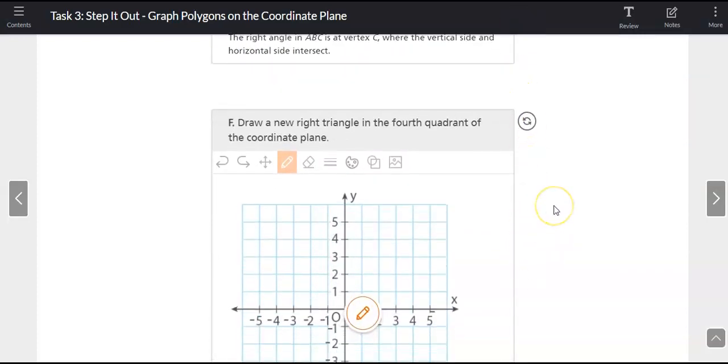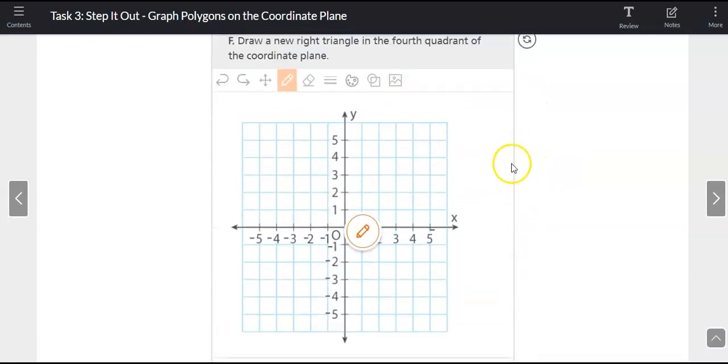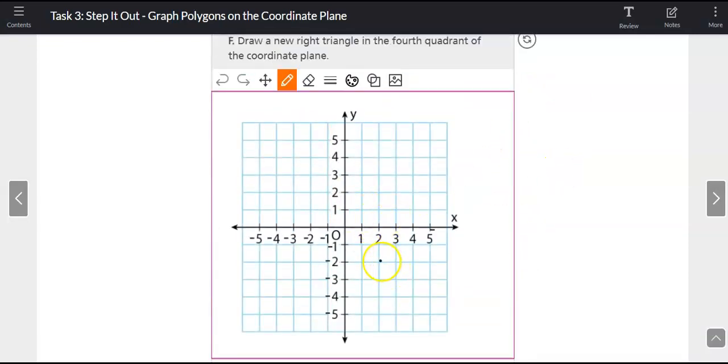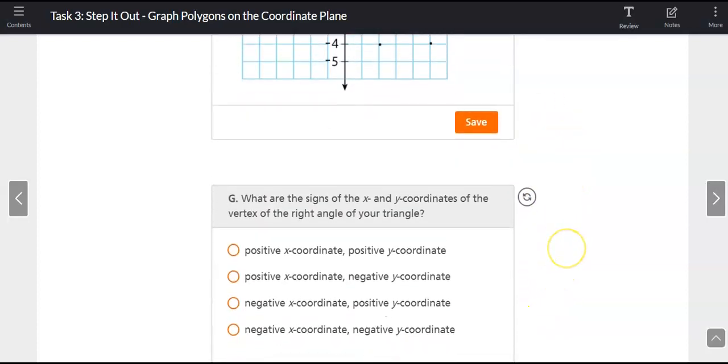Okay, draw a new right triangle in the 4th quadrant of the coordinate plane. There could be a lot of different ways that you draw this right triangle. They don't give you much. So I could have a dot here, here, and here. That gives you a right triangle because this is 90 degrees. You could have put it a lot differently than that too.